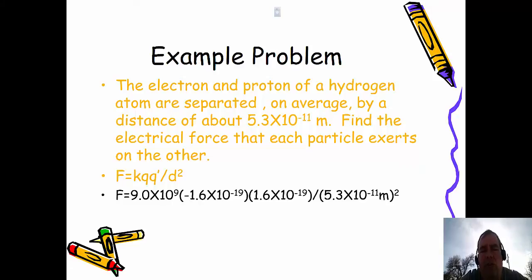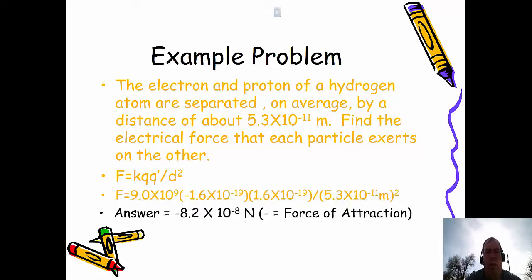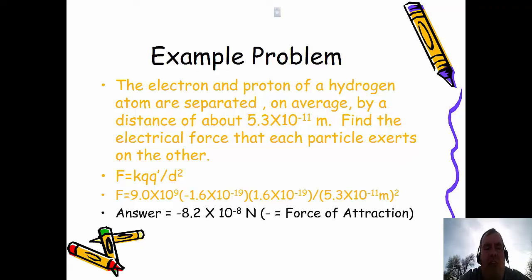You square that distance first, then multiply the top numbers, and you find your answer is negative 8.2 times 10 to the negative 8th newtons. All that negative symbol means is force of attraction.